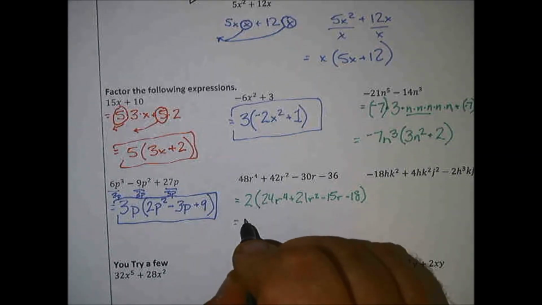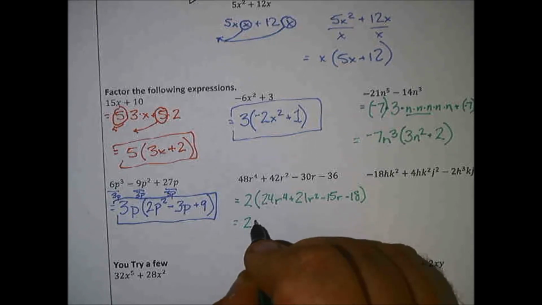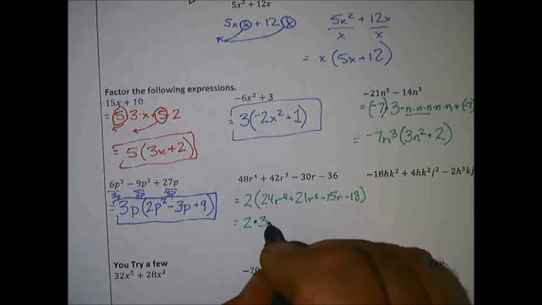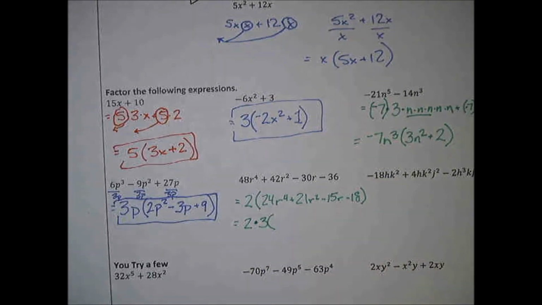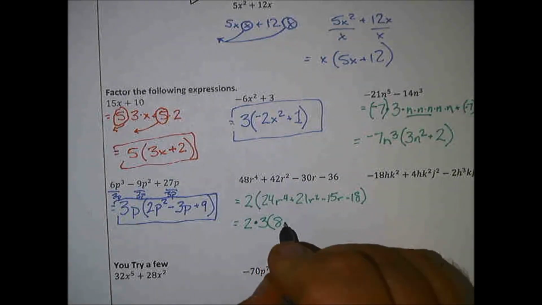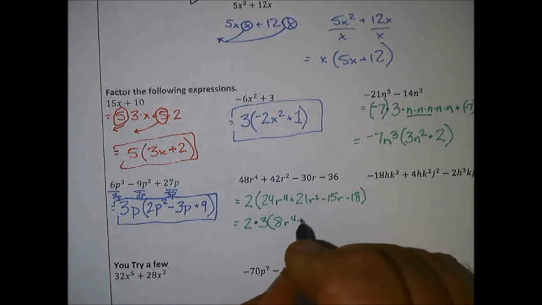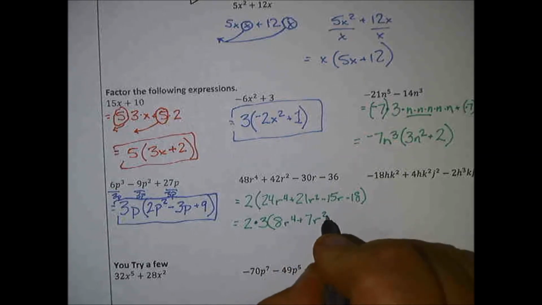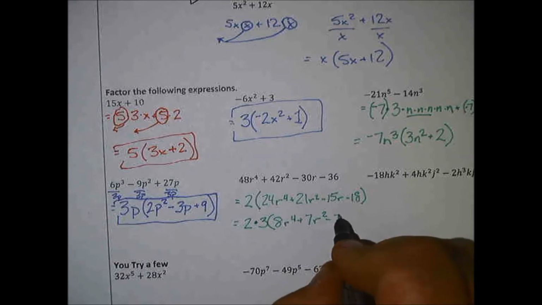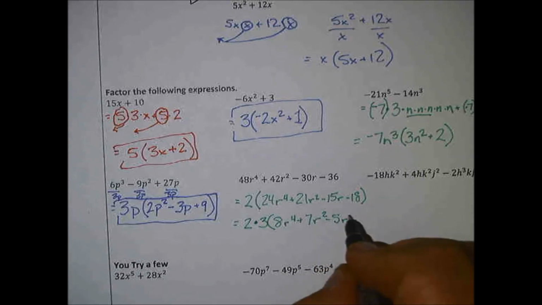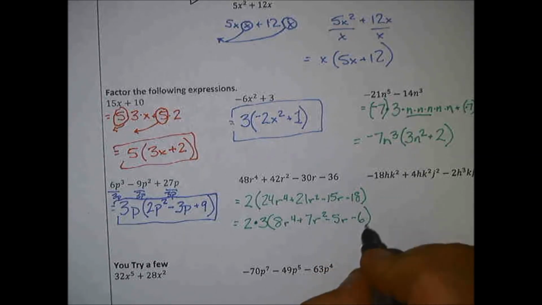So let's say we have 2, and when you pull out another number, it's being multiplied by that one. And then 24 divided by 3 is 8. So we have 8r to the 4th plus 7r squared. 21 divided by 3 is 7. 15 divided by 3 is 5. And 18 divided by 3 is 6.